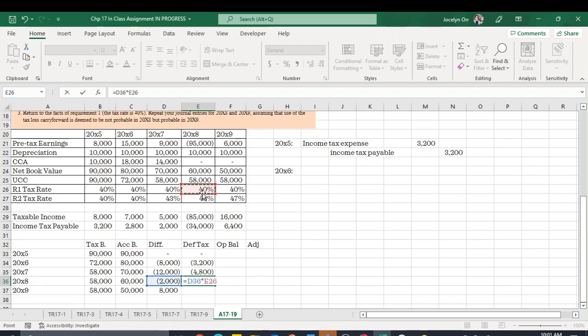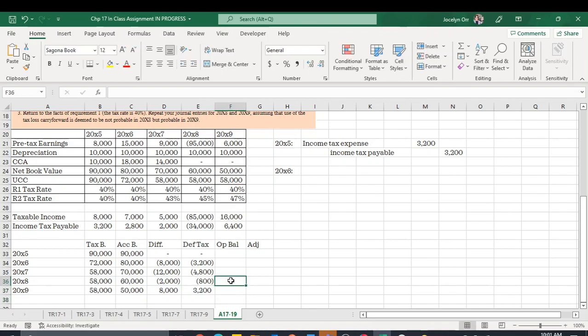So I don't have to worry about having different tax rates, but still we'll make sure we're taking the ones for the proper years. Okay. In year one, of course, I'm not going to have an opening balance. It would have been given to me if I did have one. But starting in year 3, I'll have my opening balance from the previous year.